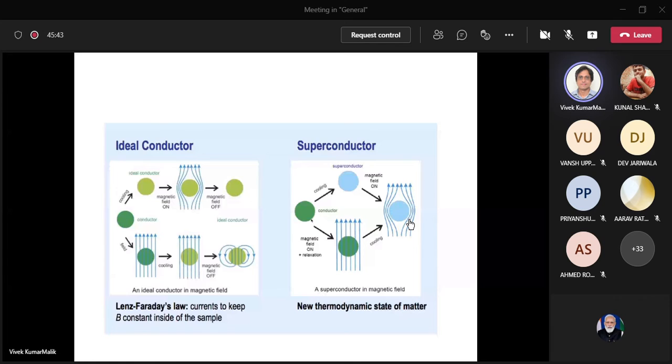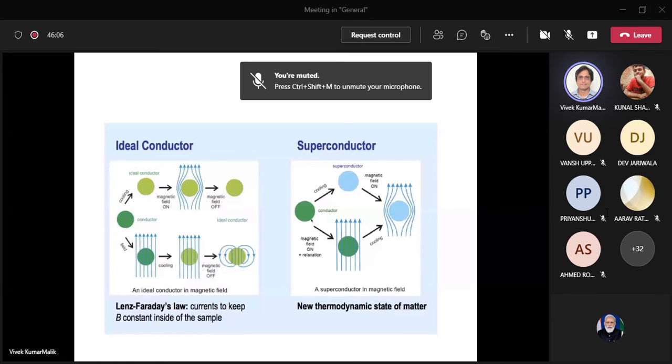For a superconductor, the magnetic susceptibility is -1. That means it's a diamagnet with a susceptibility of -1.